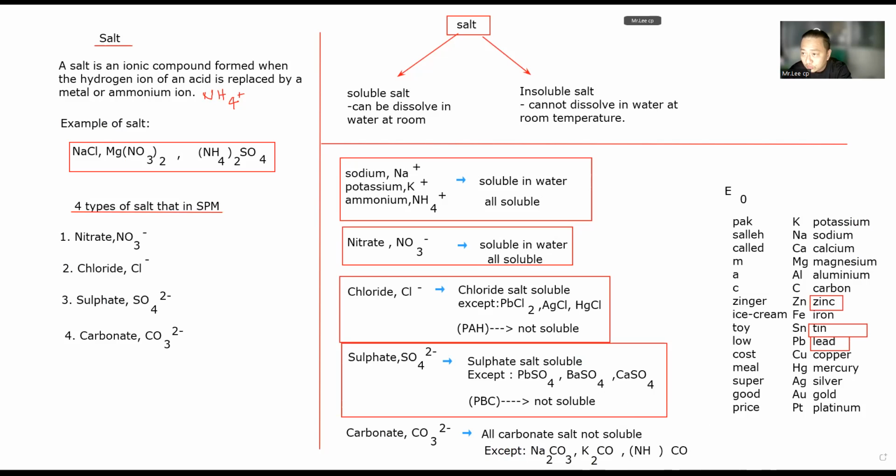So one thing that you need to memorize is carbonate is not soluble. Can you understand? This one you have to memorize.